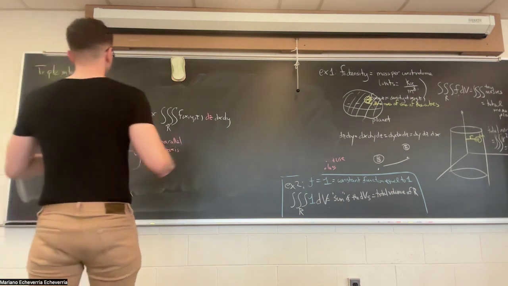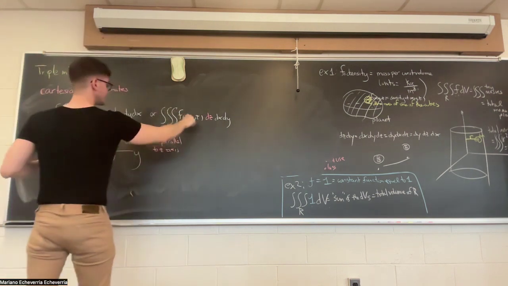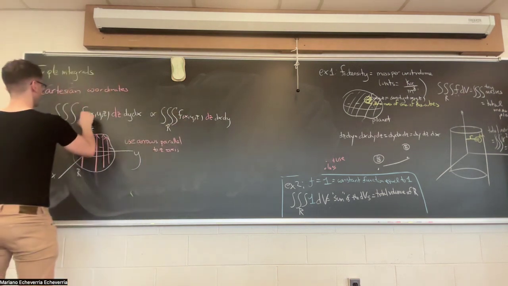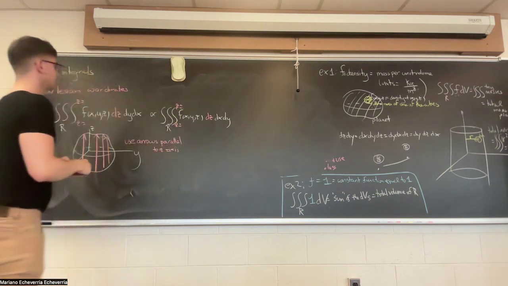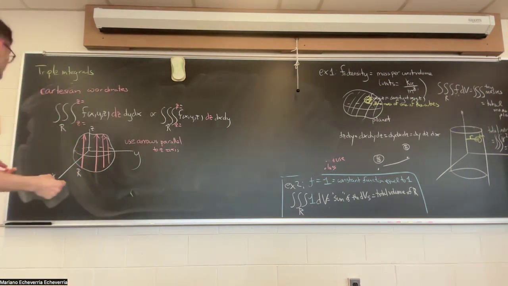And so the z bounds, because when you integrate with respect to z first, that's what you would integrate for here. The z bounds is just where the arrows enter and where the arrows exit.